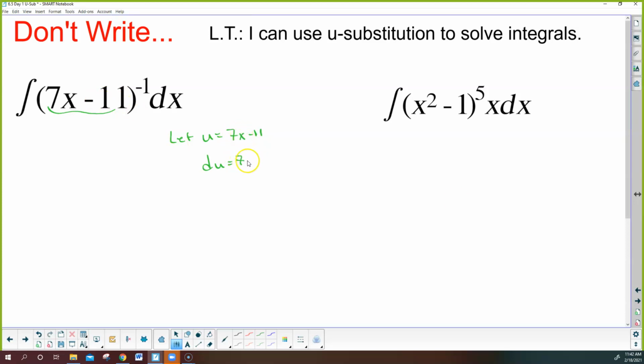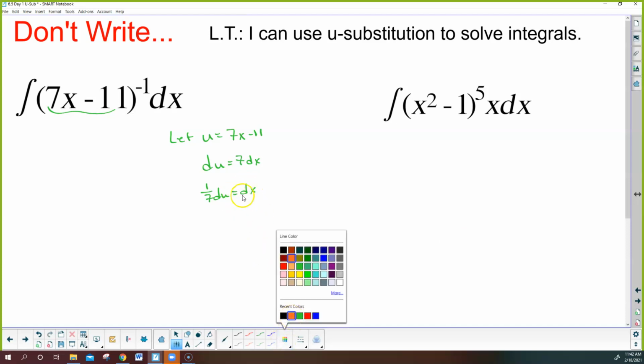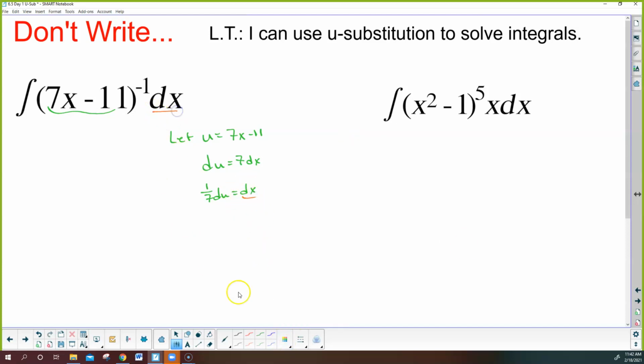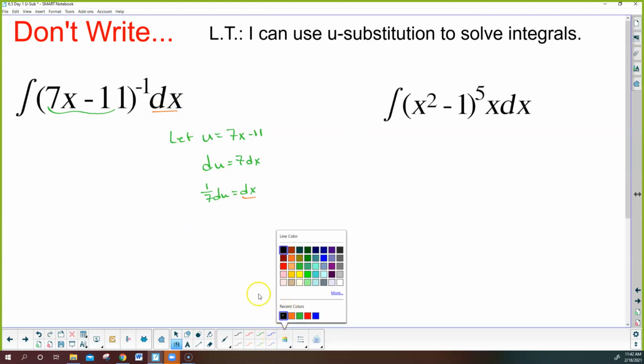So the derivative of 7x is 7 dx, and then the derivative of 11 goes away. But notice I have an extra 7 here, and that 7 is not present in the original form. So I have to move the 7 over and bring it with the du, and then this dx is going to be replaced by du.